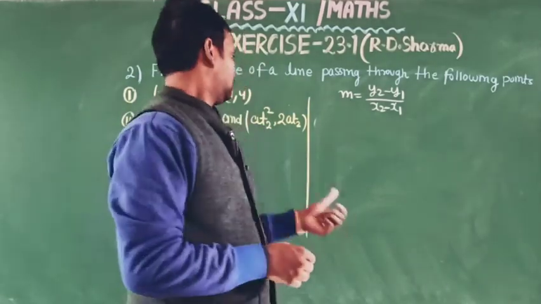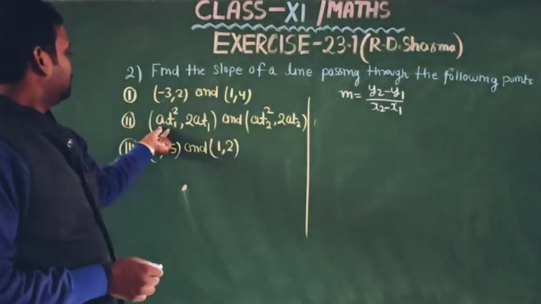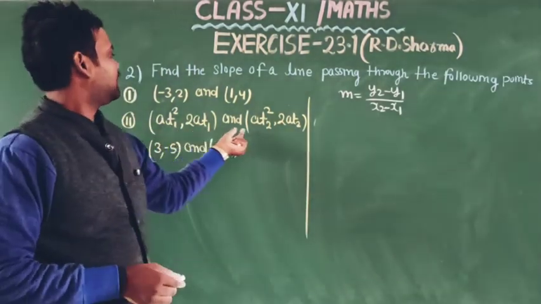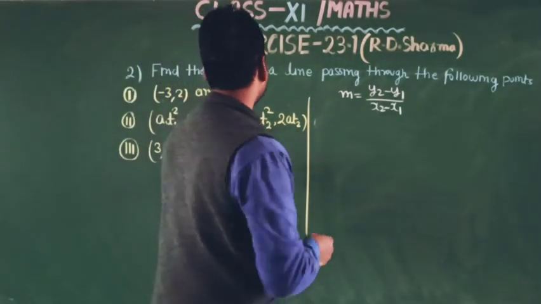Okay, the second part. We are given the x1, y1 coordinate, and this is x2, y2.